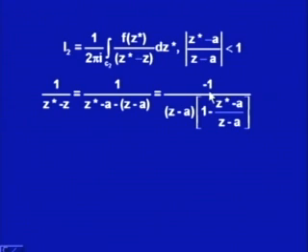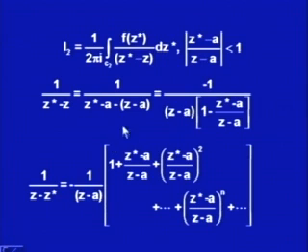This minus will be absorbed with I2, and accordingly if we expand it in geometric progression, we will have 1 upon (z minus a) into 1 plus (z* minus a) divided by (z minus a) plus (z* minus a) divided by (z minus a) whole square, and so on, and the nth term is (z* minus a) divided by (z minus a) raised to power n. This is a geometric series which will be convergent under the given condition.